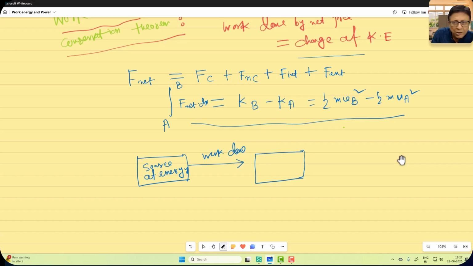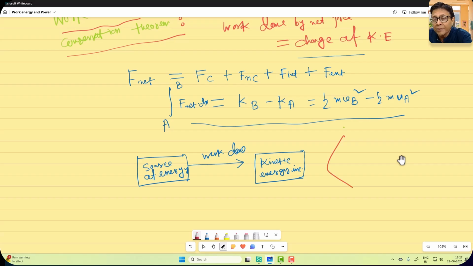Kinetic energy. If Vb is greater than Va, we can say that kinetic energy increases. One thing I would like to say, if work done is positive, then kinetic energy increases.